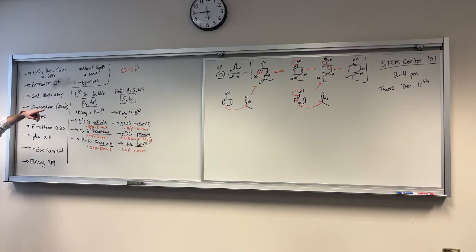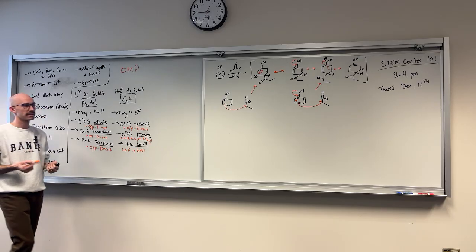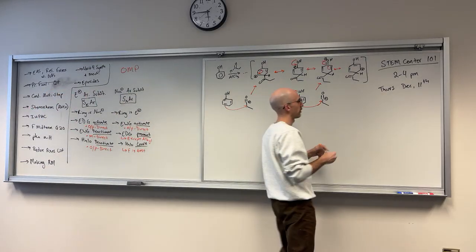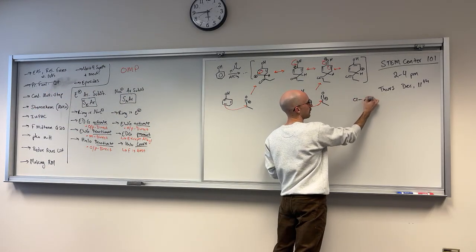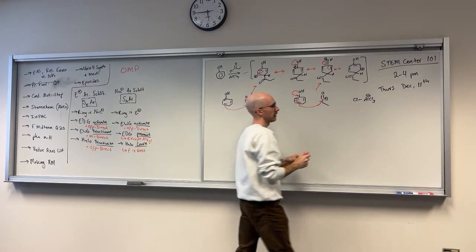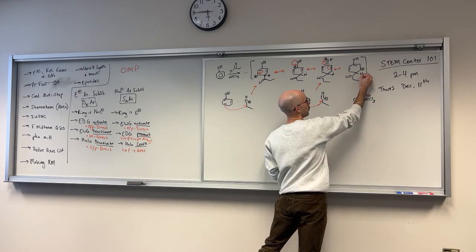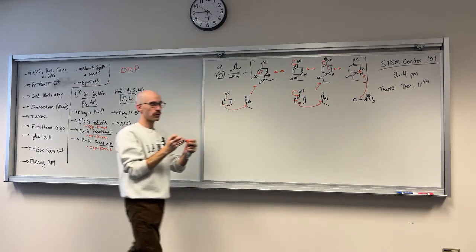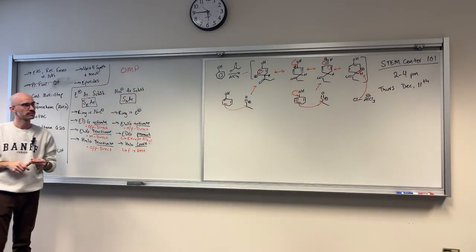What other thoughts do you guys have on this mechanism? Well, then the last step of the mechanism is deprotonation. In this case, the catalyst has bonded to a chlorine, and that chlorine will use its electrons to deprotonate and reform aromaticity.